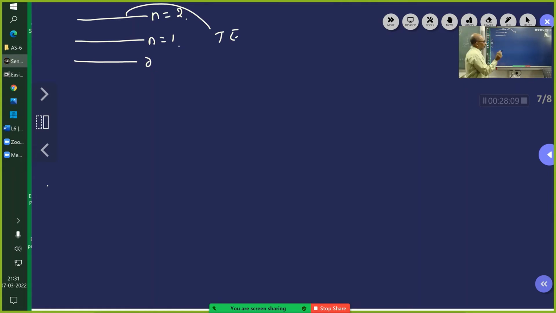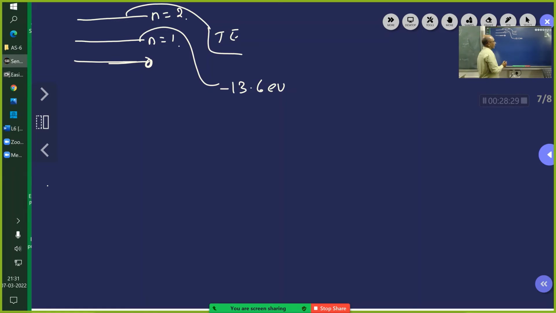As all of you know, supposing the question was asked, what is the energy at this level? Supposing this is the atom, n is equal to 1. What is the energy at this point? Minus 13.6. What is the energy here?